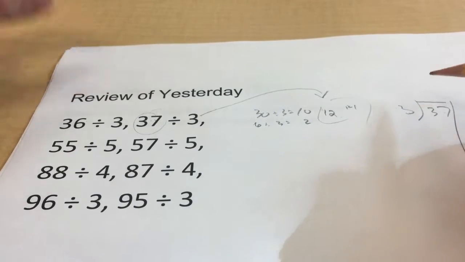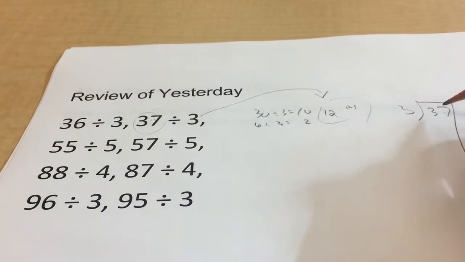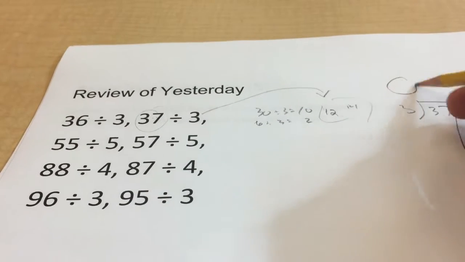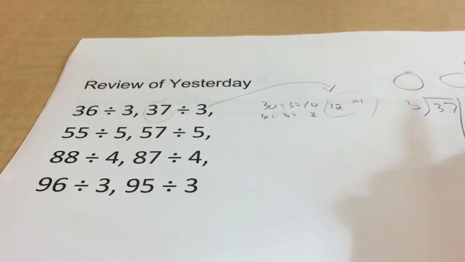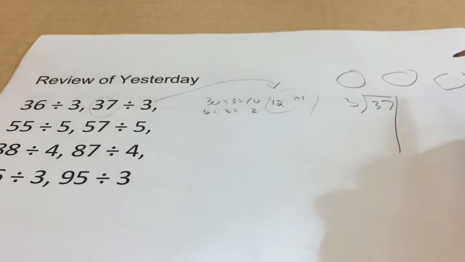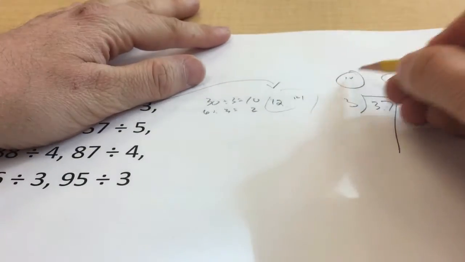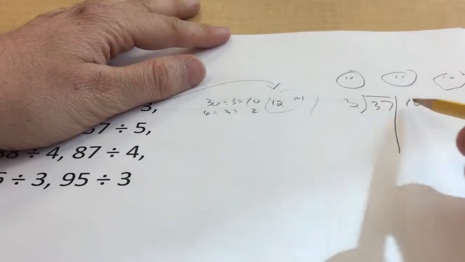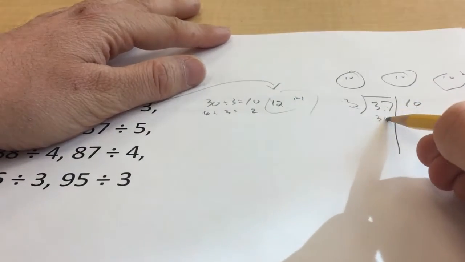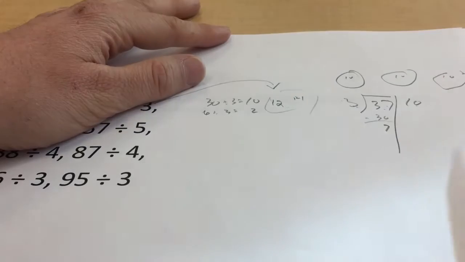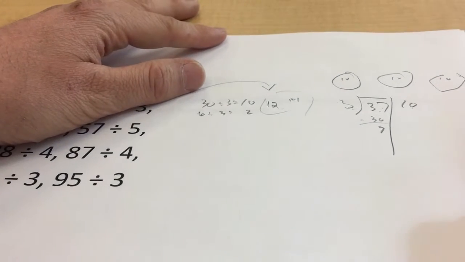So that's this one. You could check it this way. 37 divided by 3. Let's see. How many can I put in 3 groups to get close to 37? Well, I could put 10 in each group. 10, 10, 10. That's like 3 times 10. That would get me to 30. So I still need to spread out 7 more.